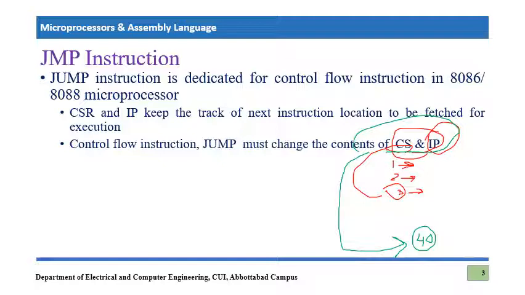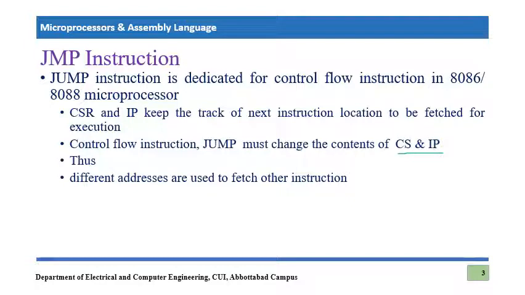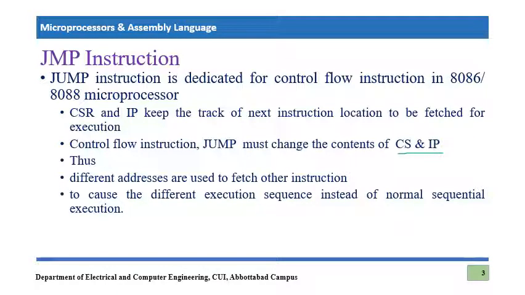So this is the conclusion of this point: whenever one is interested in changing the flow of instructions, one has to change the content of CS or IP. Thus different addresses are used to fetch other instructions. As I explained, this point is already clear.